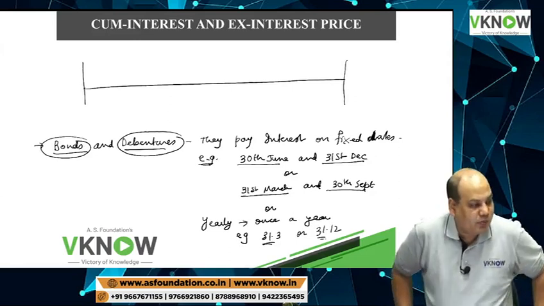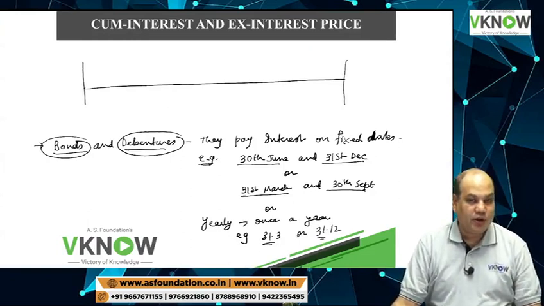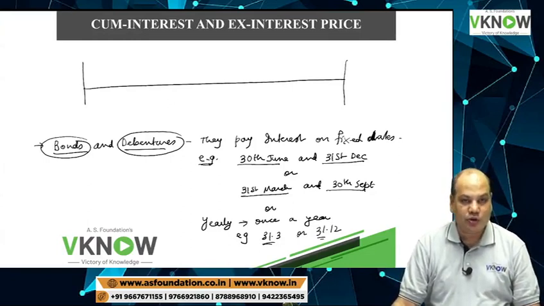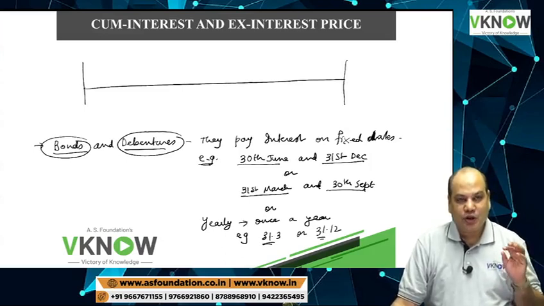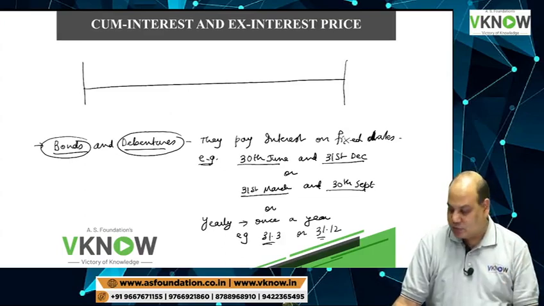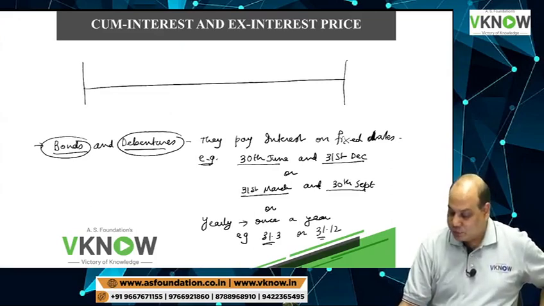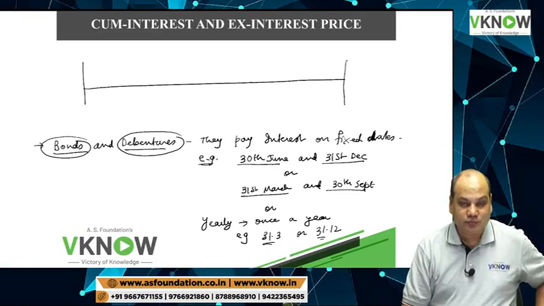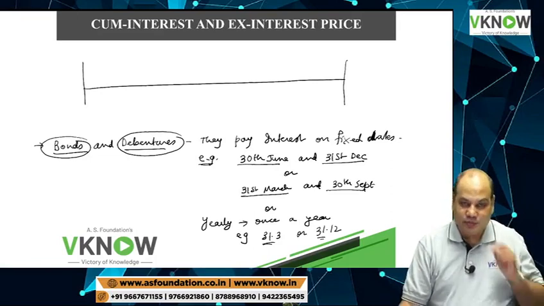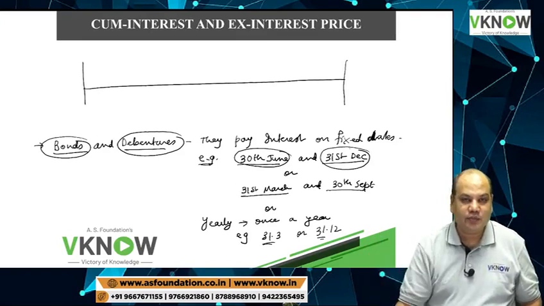So the first point we have to make clear is that the company which issues debentures or bonds will pay interest only on fixed dates. Some of them pay semi-annually and some of them pay annually. To whom will they pay? The one who is the debenture holder in the register of debenture holders on this date.